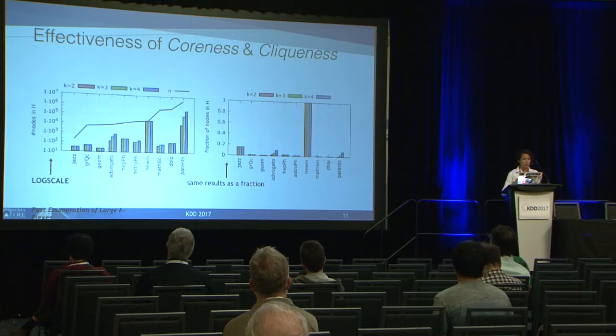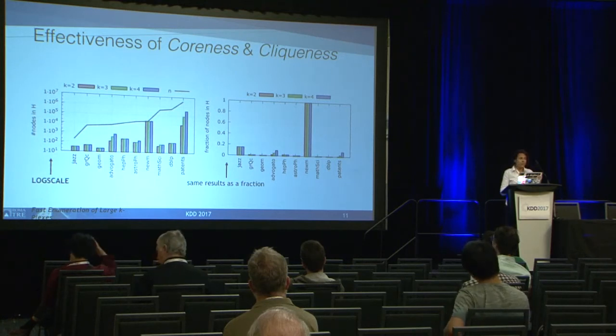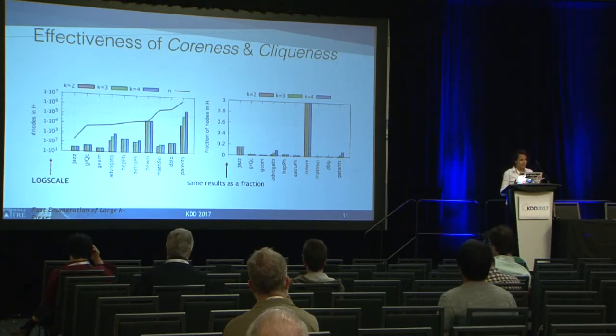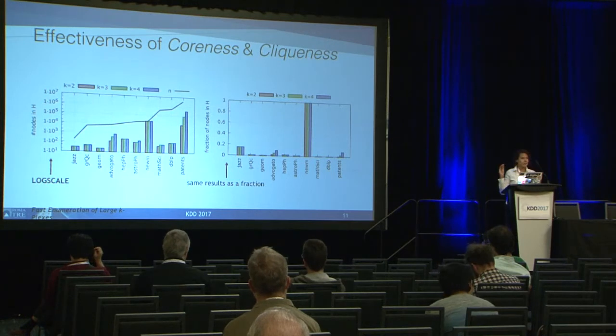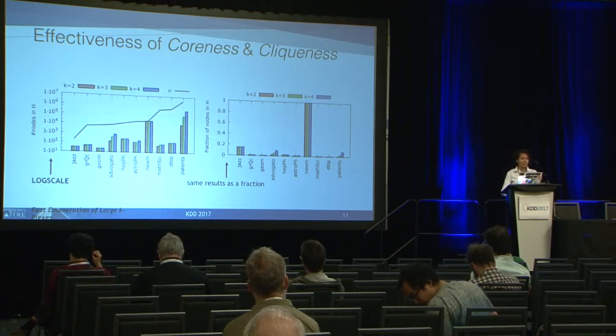In practice, we were able to show that in most networks that have social network properties, using those criteria, you can get rid of more than, I don't know, 95% of nodes. So it really remains nothing to process.